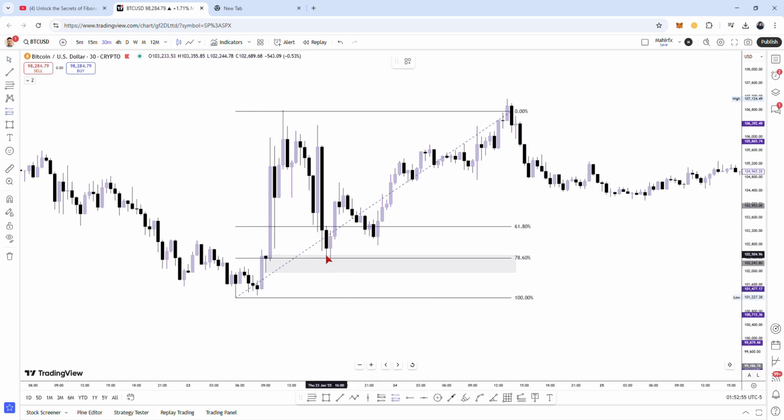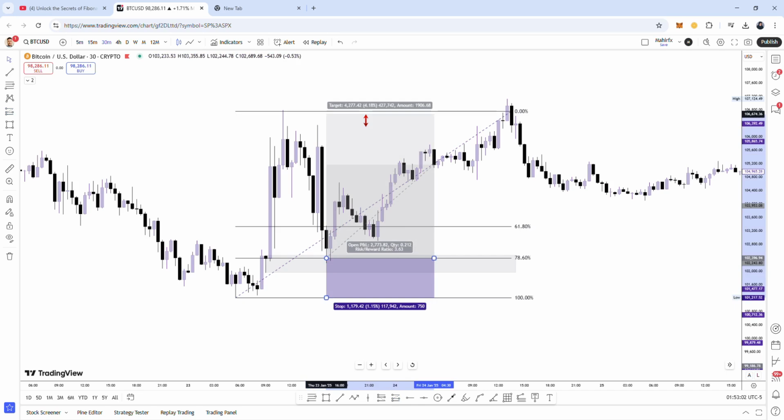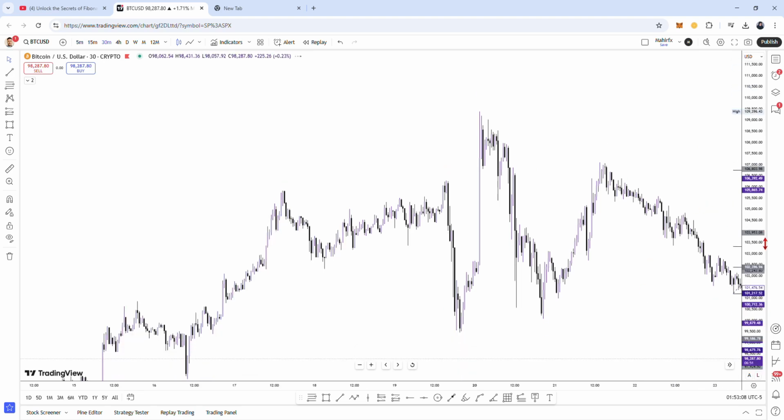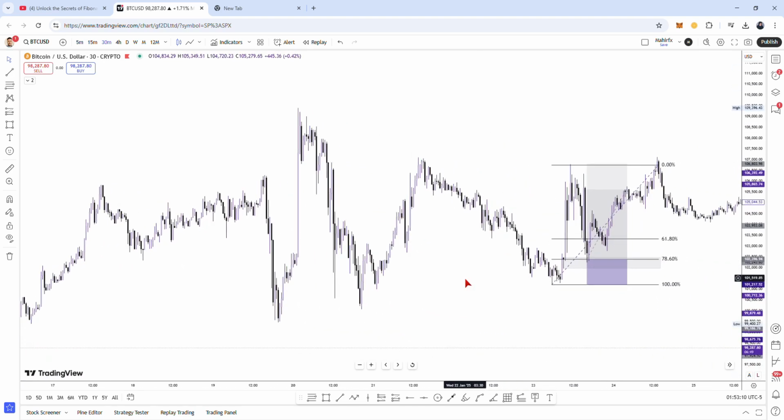Okay, the order block might be around 78 or 61, so make sure to mark the order block before getting into entry. So our entry will be here, and our stop loss is automatically here, and we have a good winning rate still.